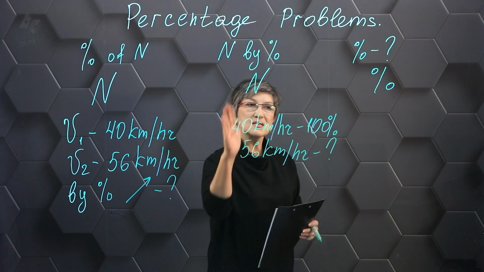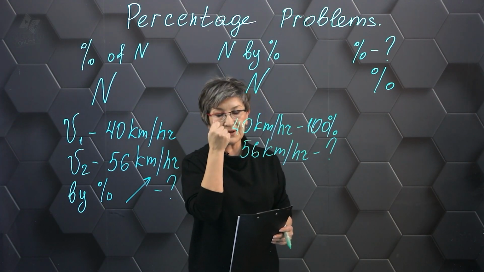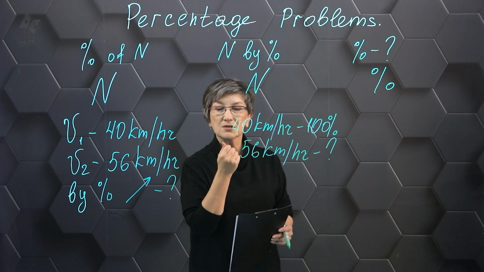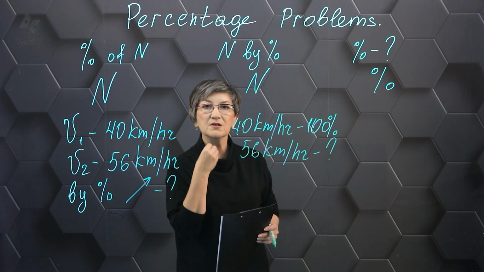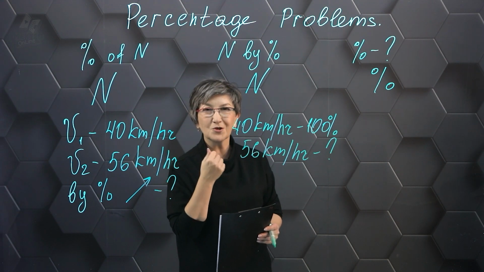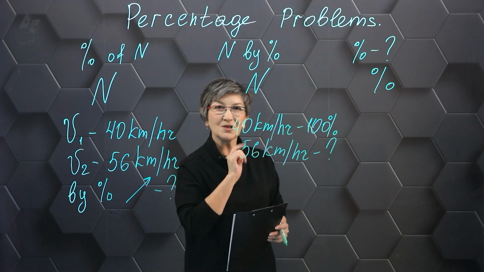When I wrote down our brief condition, I understand how I will proceed. In general, the method of proportion is a universal method, and I recommend using it. What do I get here?